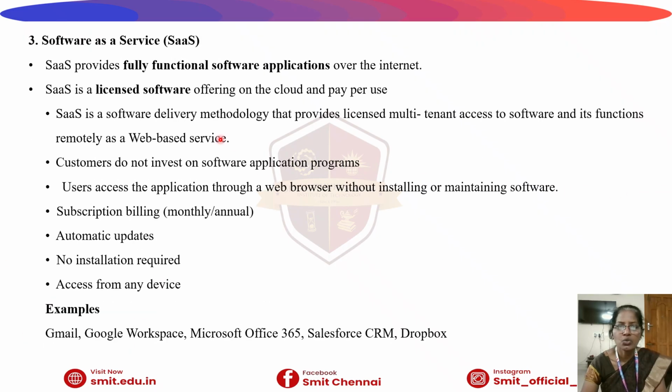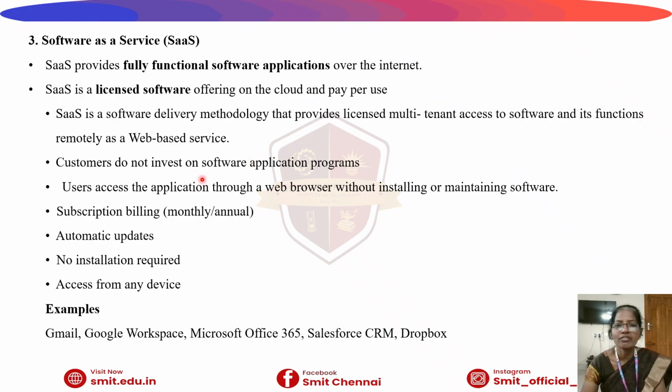Then the last one, Software as a Service. It provides a fully functional software application over the internet. It is a licensed software offering on the cloud, pay per use. It is a software delivery methodology that provides licensed multi-tenant access to software and its functions remotely as web-based services.